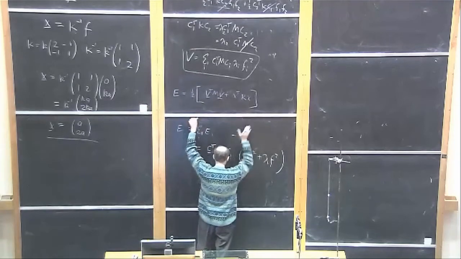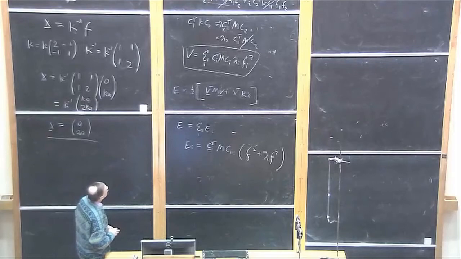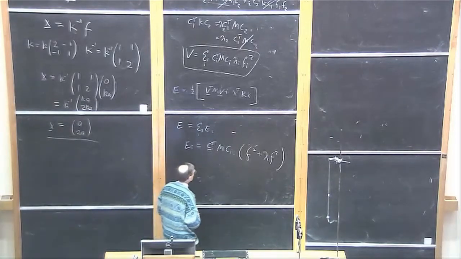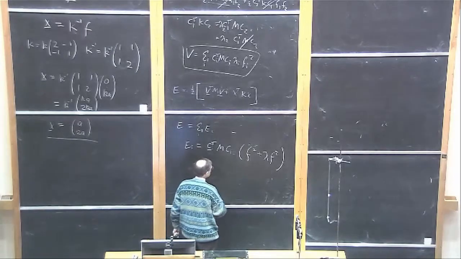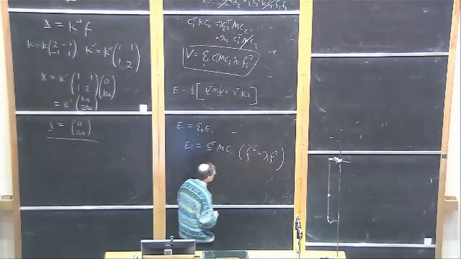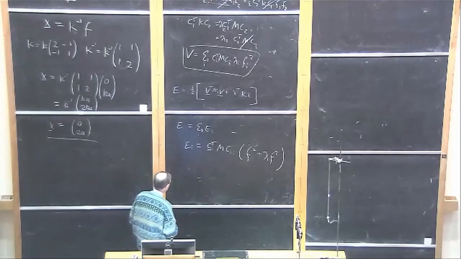There are slight differences if we worked it through for the equal mass case, because the m's would appear in this equation in a slightly different place. They'd appear as a multiplying factor, and because the lambdas are defined in a slightly different way, that would also appear slightly differently.